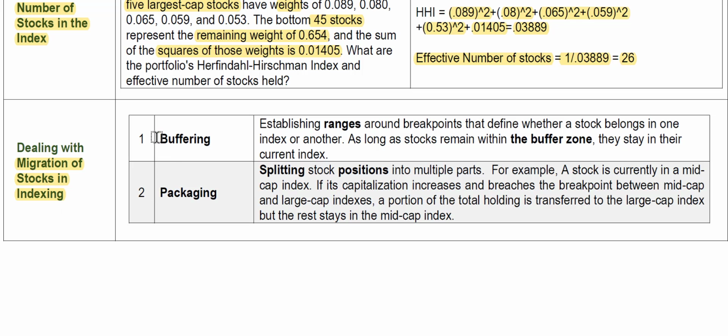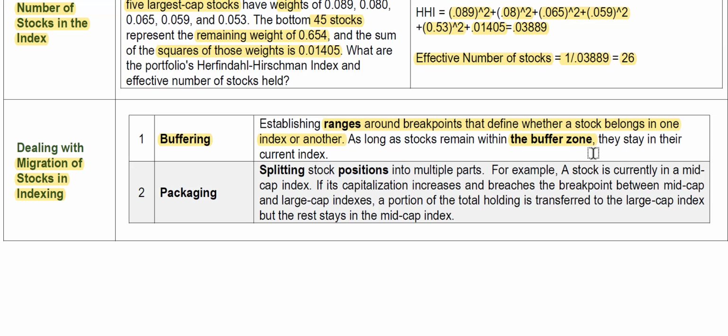So one way is that you set up a buffer in the first place. In other words, you establish a range around the break point that defines whether the stock belongs to one index or the other. So you give a little bit of range, and you put those stocks into this range, creating what is called a buffer zone.